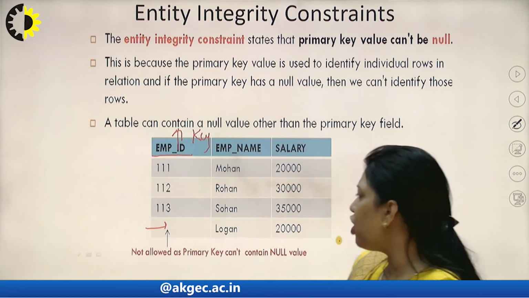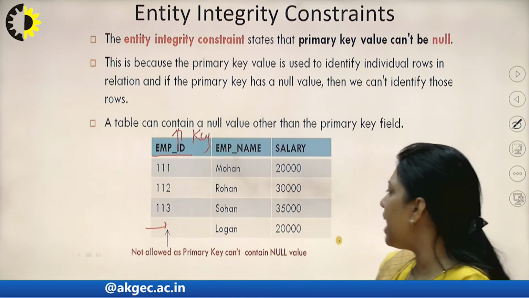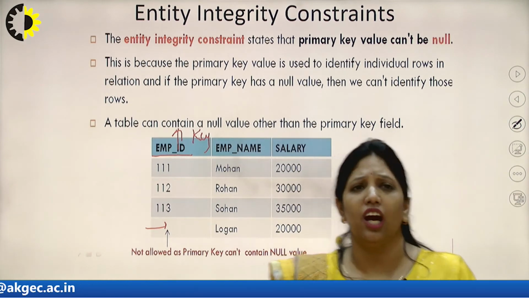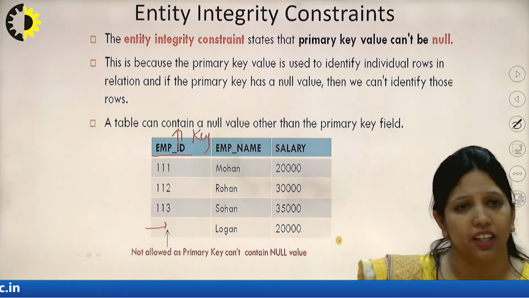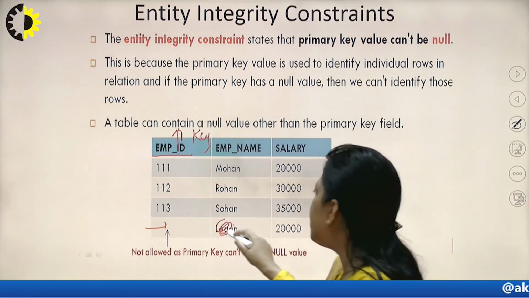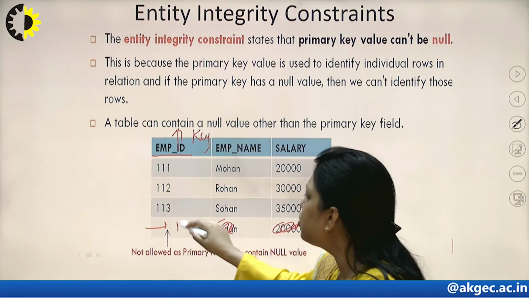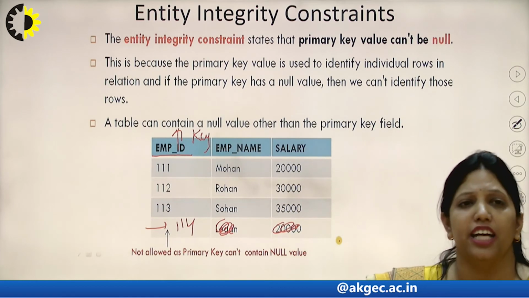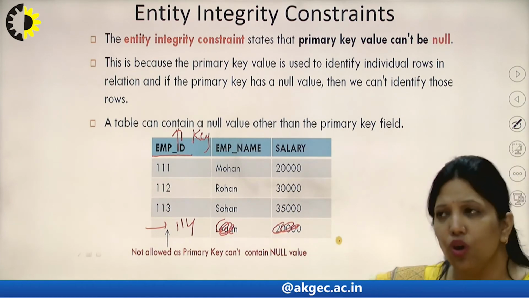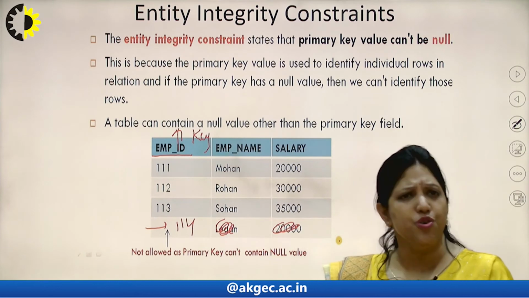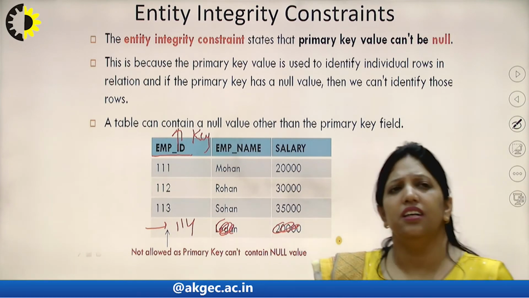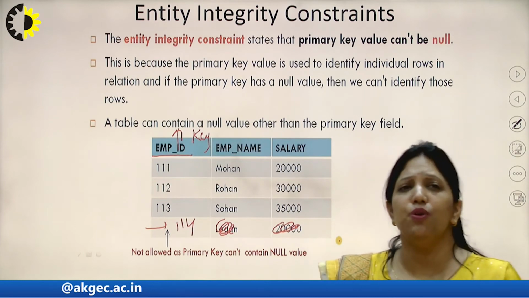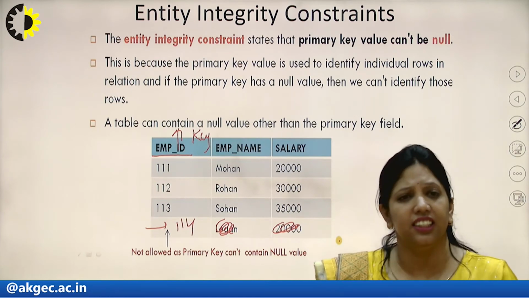This is not allowed, because if employee ID is the primary key, a null value is not allowed. So when we insert any new row into the database, we check that the primary key cannot be null, and this is checked by the entity integrity constraint.